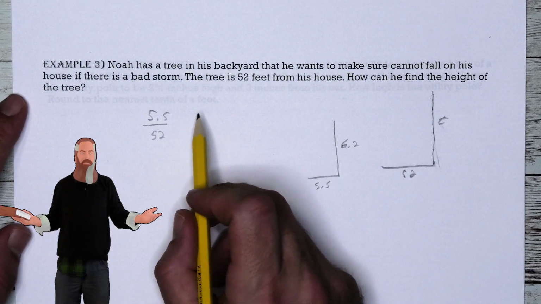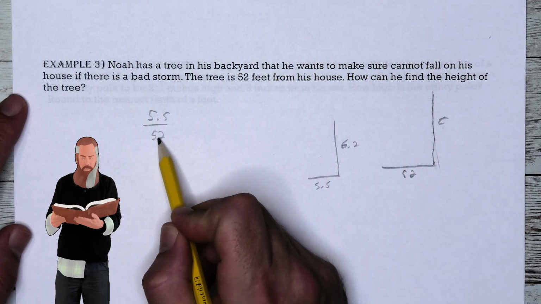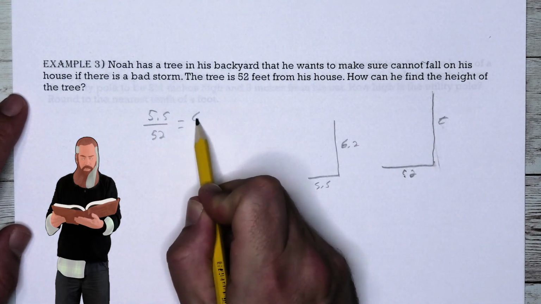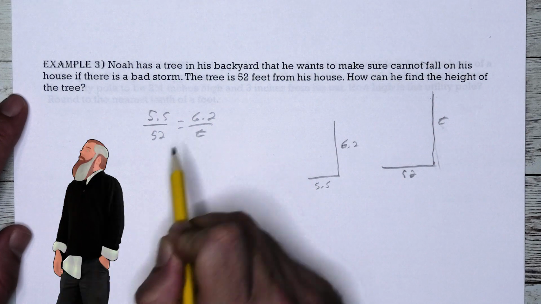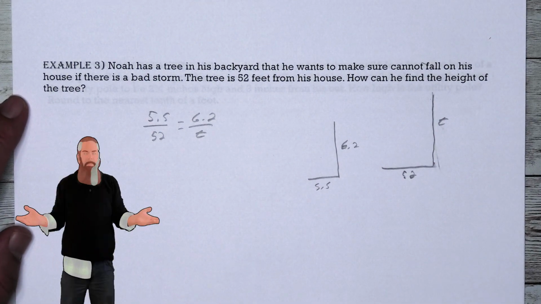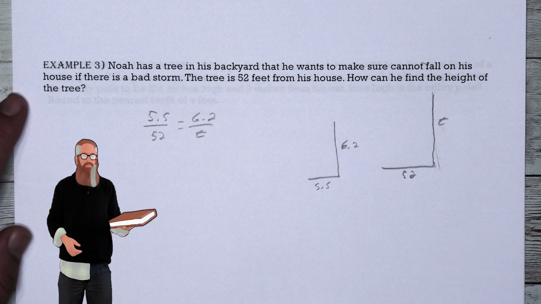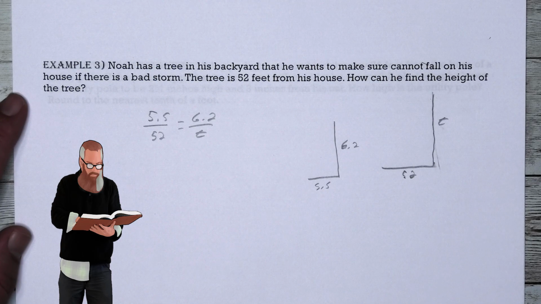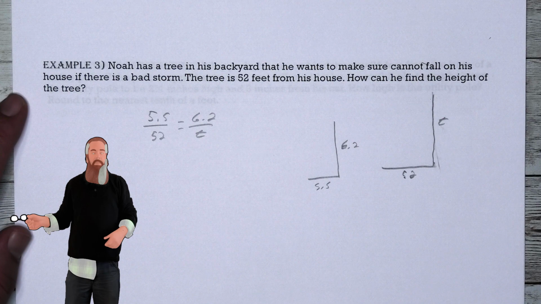So we can set up 5.5 over 52 is equal to 6.2 over t, our unknown height. In this proportion, 6.2 and 52 are called means, and t and 5.5 are called extremes.